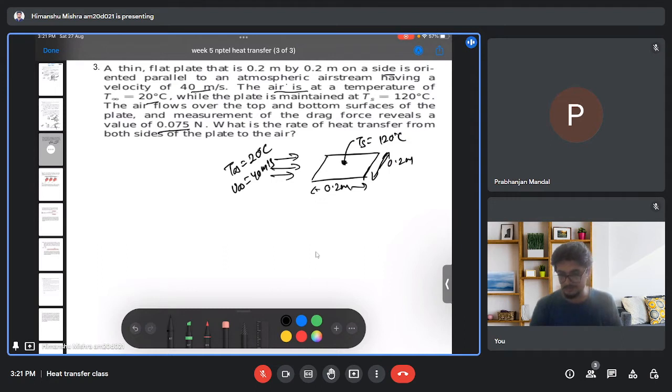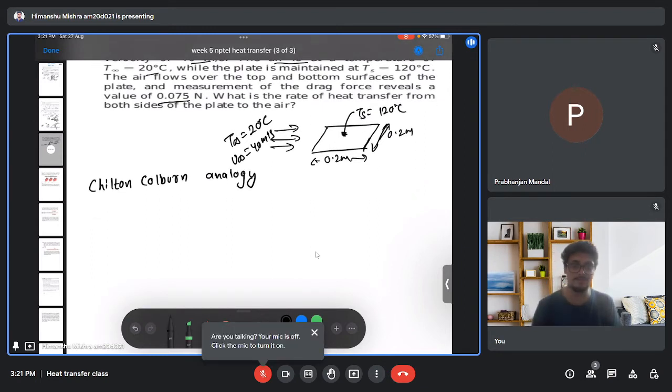So since we have given the drag, we can use something called the Chilton-Colburn analogy. It actually defines the relation between the drag and the Prandtl number and the heat transfer coefficient.